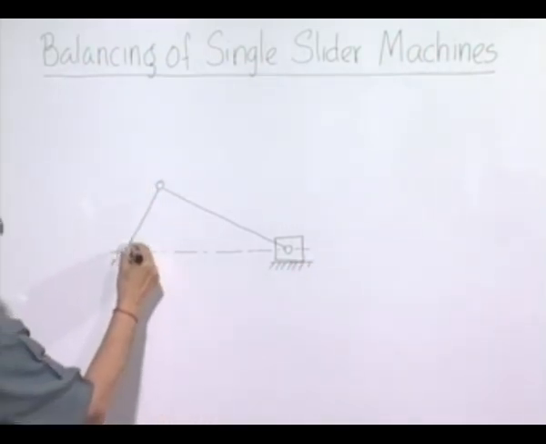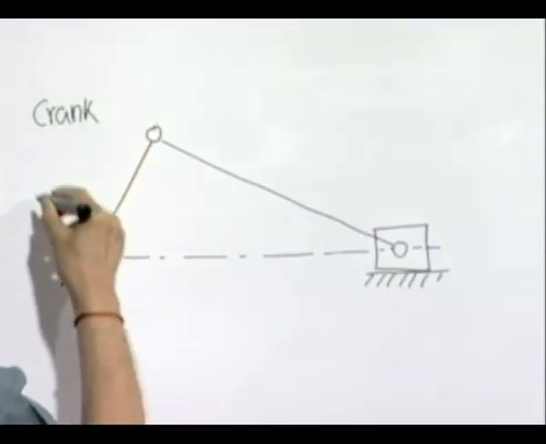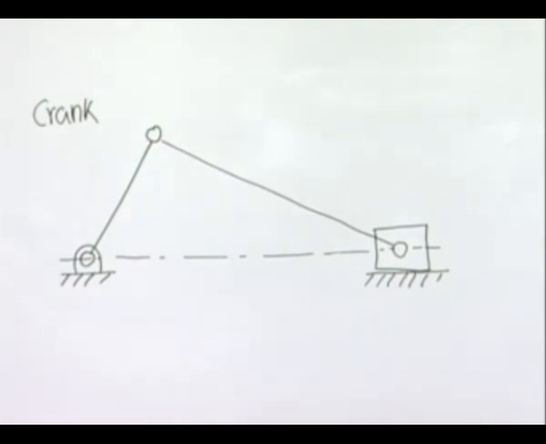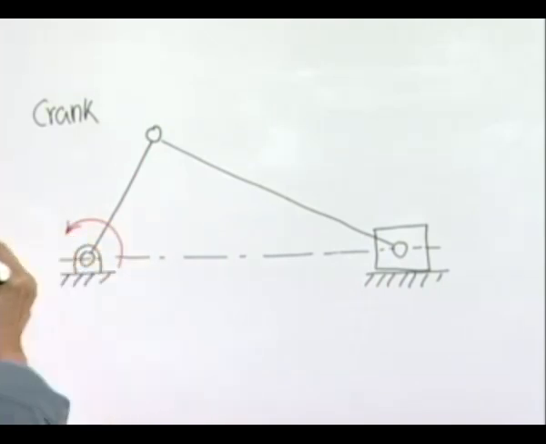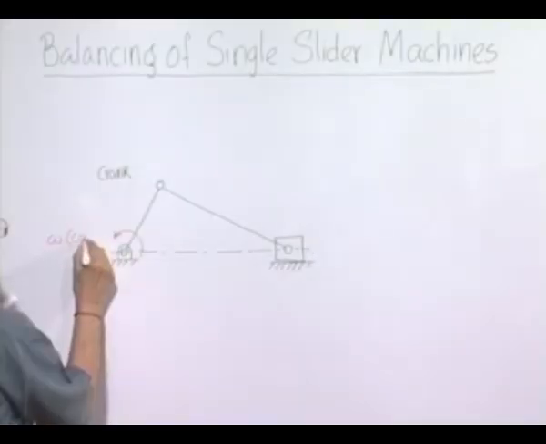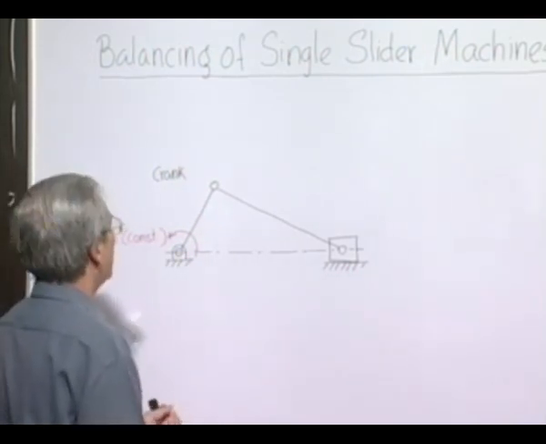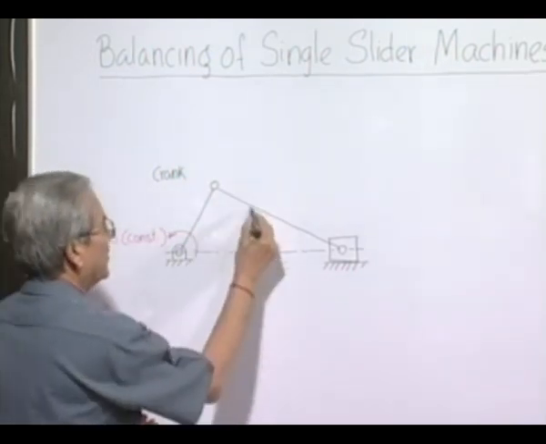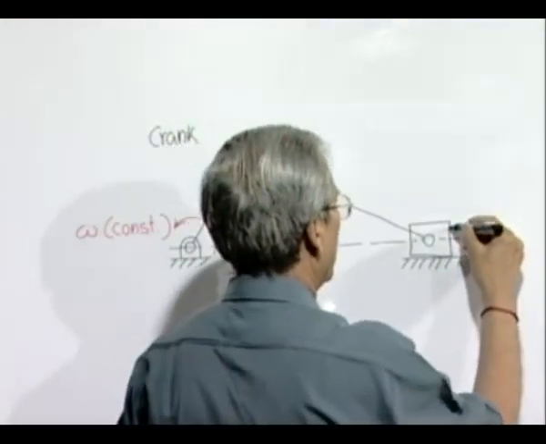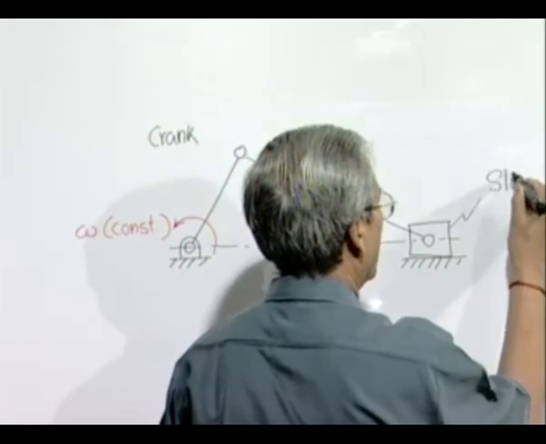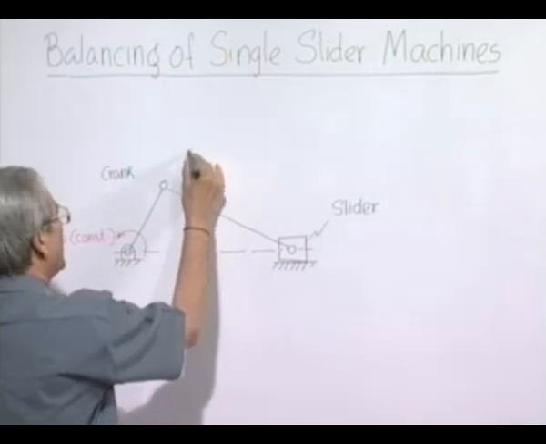This is the crank, which rotates with, say, a constant angular velocity, as a special case, omega, which is constant. This rod or object which connects the crank to the slider, this is the slider, is called the connecting rod or coupler.